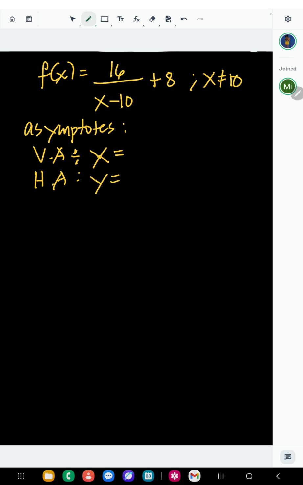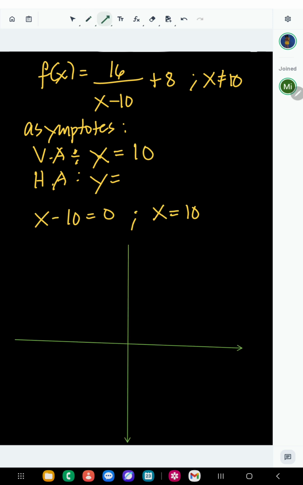Okay, to find the asymptote, a vertical asymptote, let's say this is 10 here, 20, and this is our vertical asymptote. So the graph would be here. It doesn't touch the vertical asymptote, which is x equals 10.